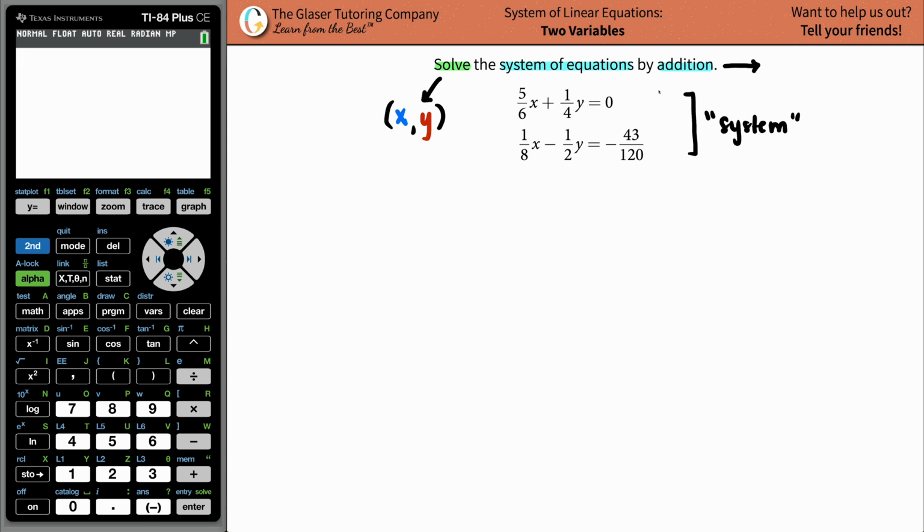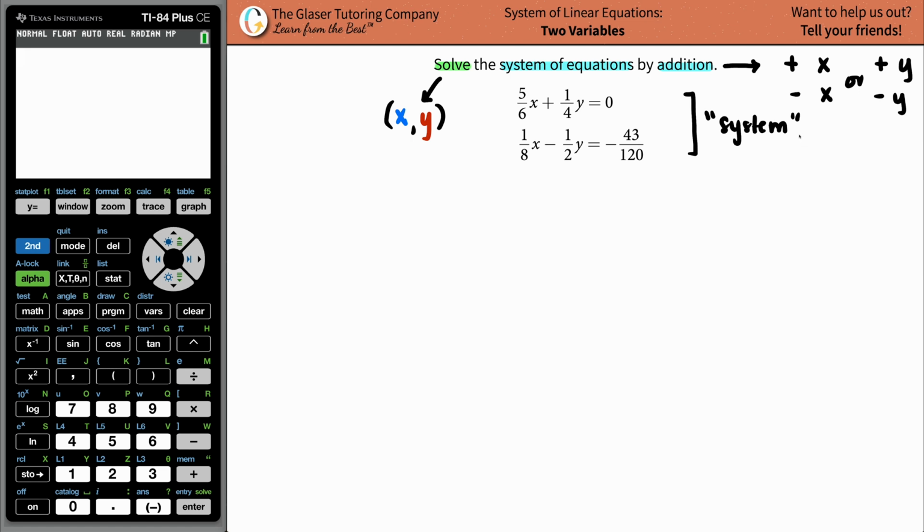If you want to cancel out the x's, you have to have a positive x for one equation and a negative x for the other, because when you add a positive and a negative of the same number, like 2 and negative 2, they're going to cancel. Or if you're going to get rid of the y's, one y has to be positive, the other y has to be negative, and they have to be the same number, because then they'll cancel out.